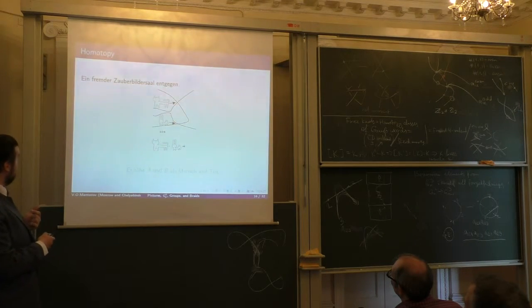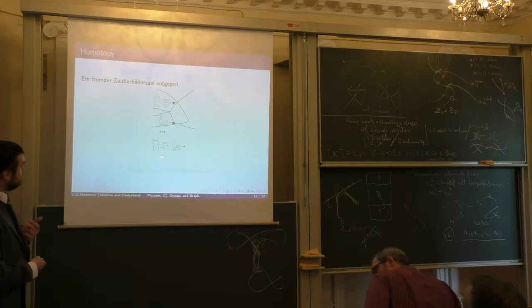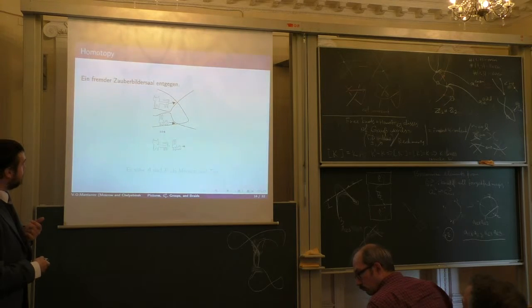So for example, if we have this picture, here I drew on purpose that we don't have a bigon, but we just have two crossings. If we have two crossings but do not have a bigon, these two crossings can be really different. You see, these two pictures are different.